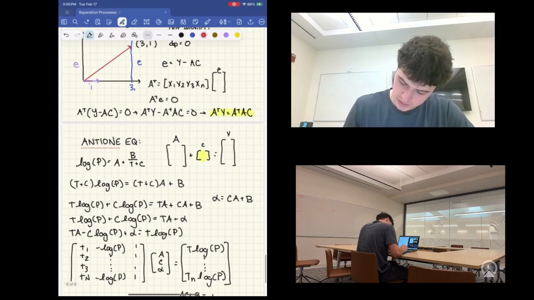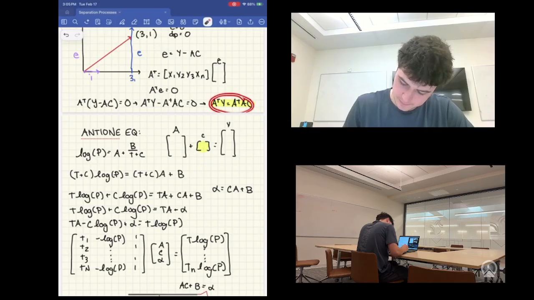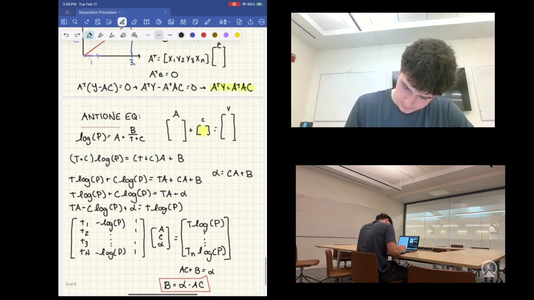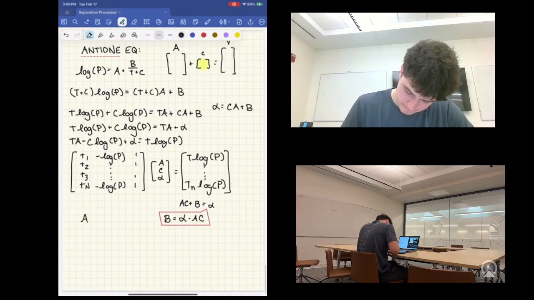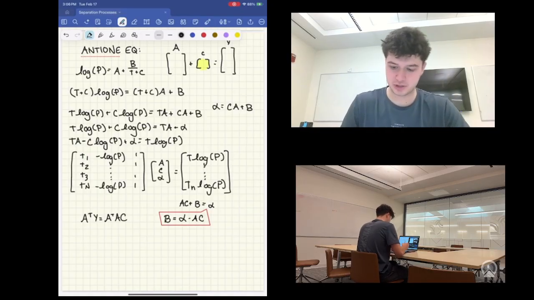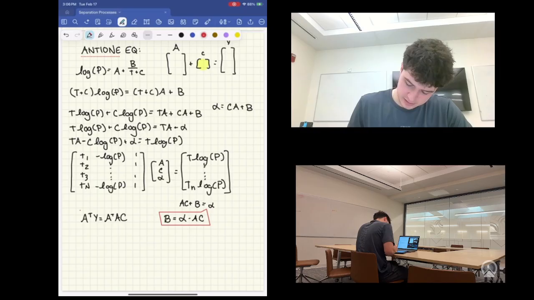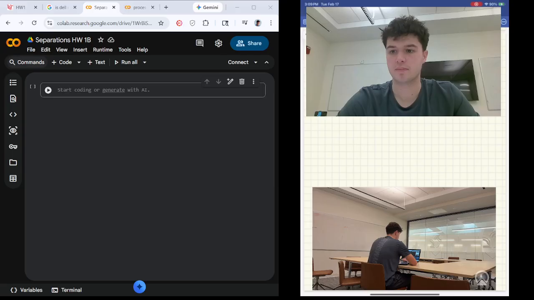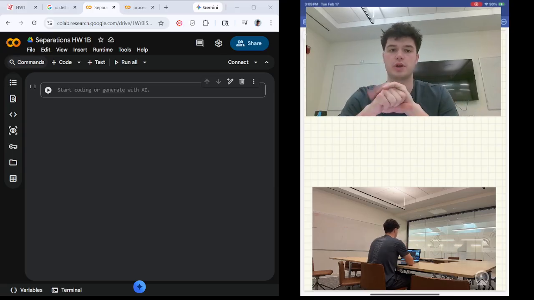And our second normal equation is what we highlighted up here already, which is A transpose y equals A transpose AC. And again, that T just means it has been transposed. And we will box this off. And these are the two normal equations we had to solve for that will allow us to work better in Google Colab. As you can see, we have moved over to Colab.